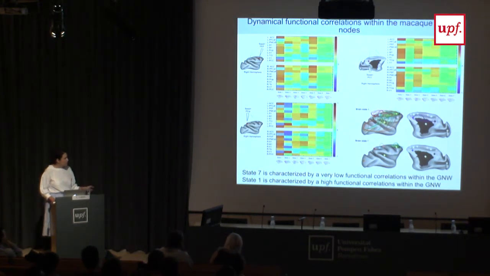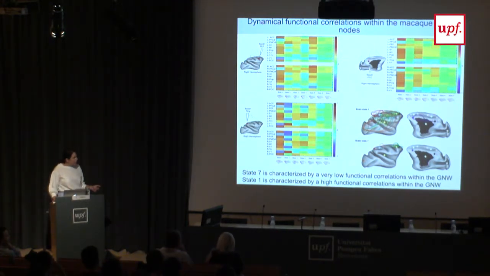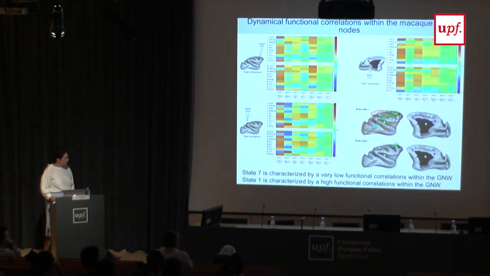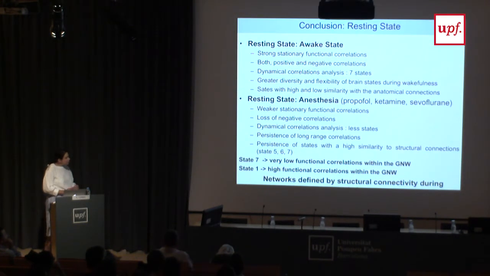So that represents state 1. And when you go to state 7, these key nodes of the GNW are not connected at all, really, in the monkey brain. There are some connections that persist in the prefrontal cortex, but they are never connected to parietal regions or to posterior cingulate cortical regions.